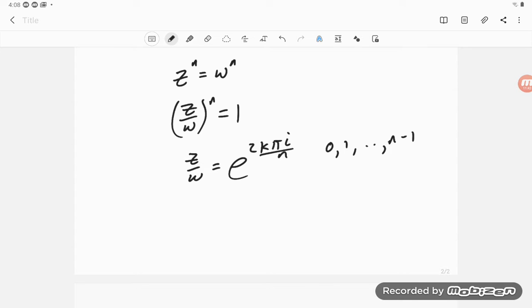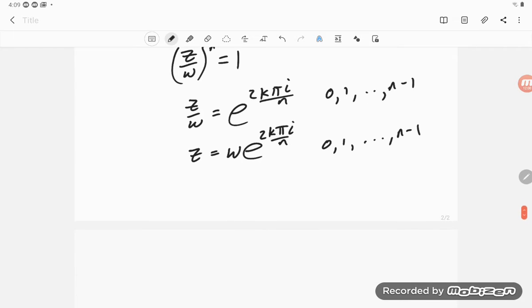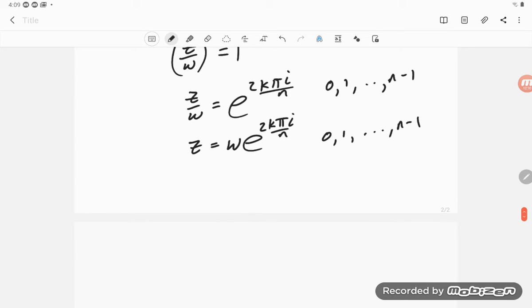And so if that's z over w, I can just multiply and get z equals w times e to the 2kπi over n, k equals 0, 1, up to n minus 1. And then the w I can rewrite in terms of a, right?